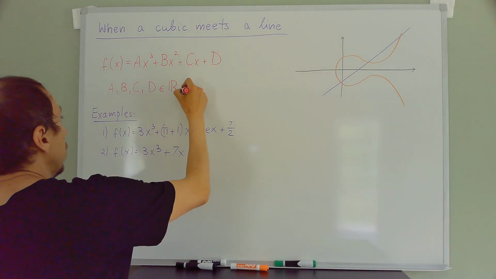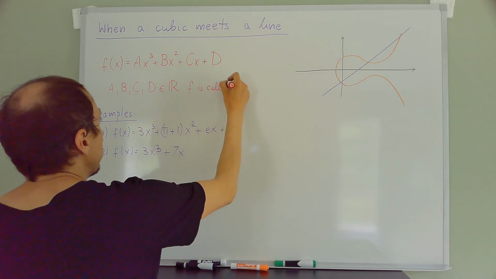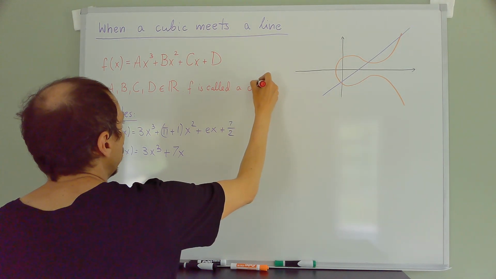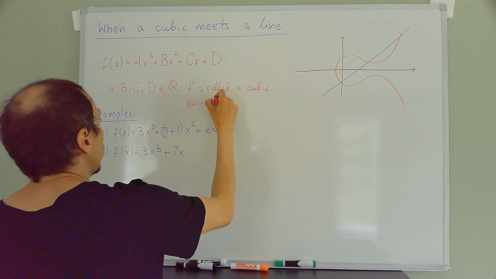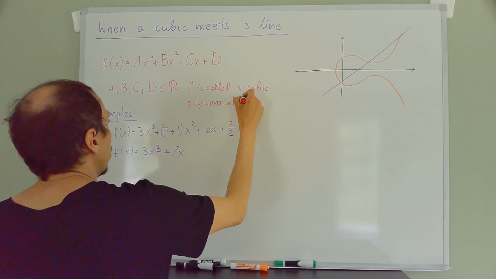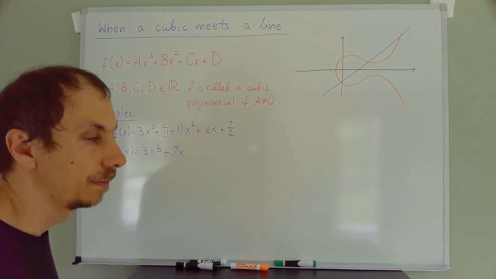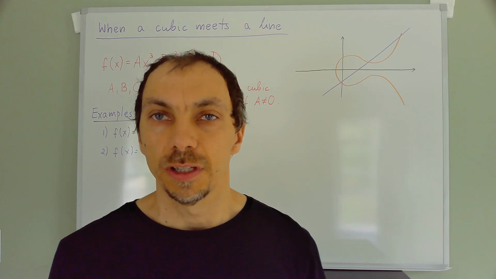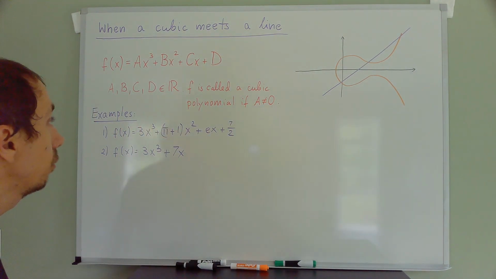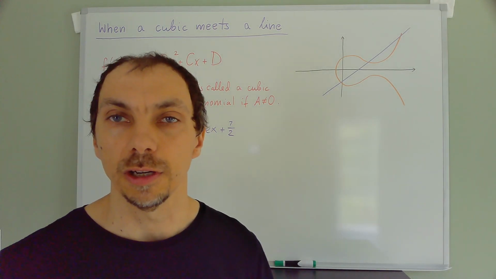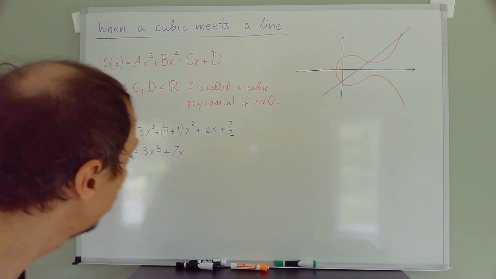So I would say f is called a cubic polynomial if a is not 0. If a were 0 and b wasn't 0, then we'll call it quadratic. If a and b were 0 but c wasn't 0, we'll call it linear, and otherwise, if all a, b, and c were 0, we would call it just a constant.